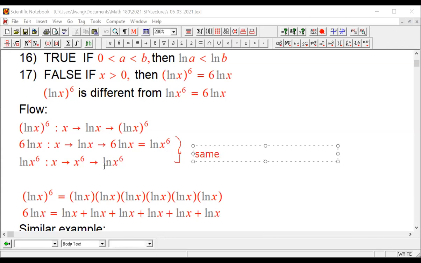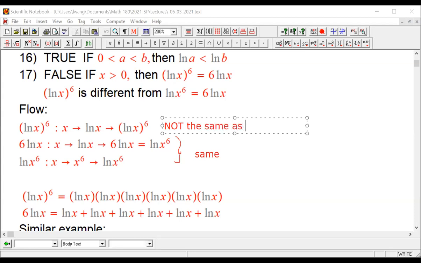They produce the same output. You multiply by 6 after ln x versus you do x to the power 6 and then ln. That's the same, but this is different. Okay, got it?